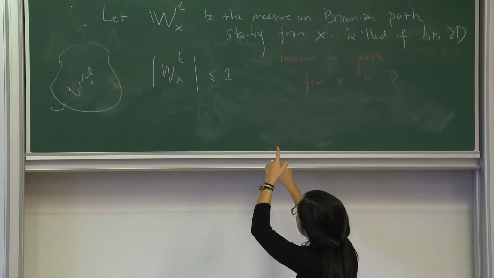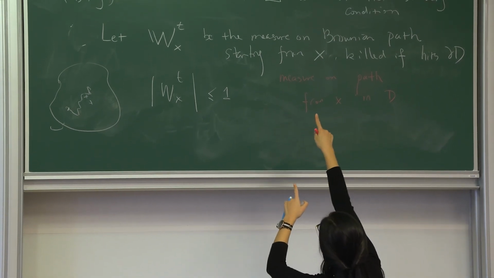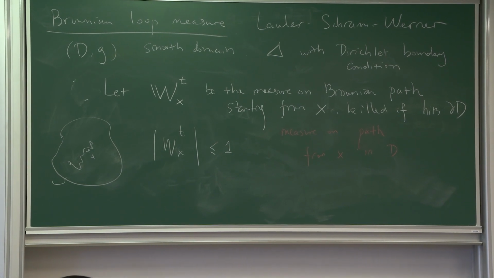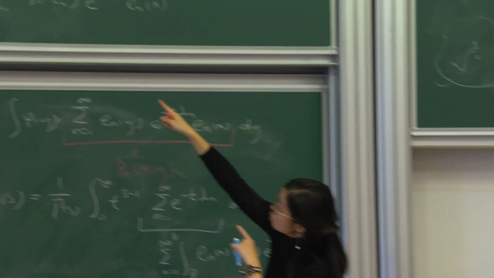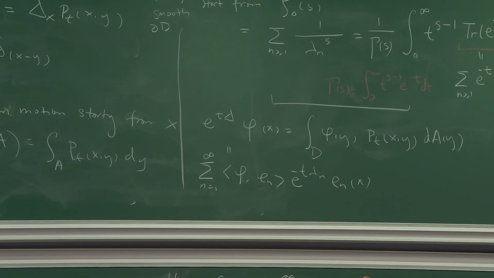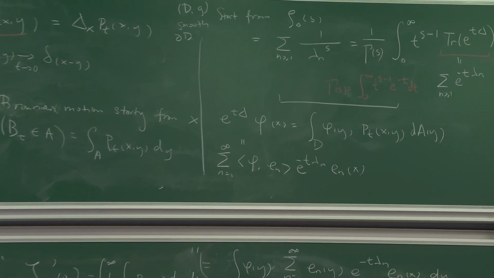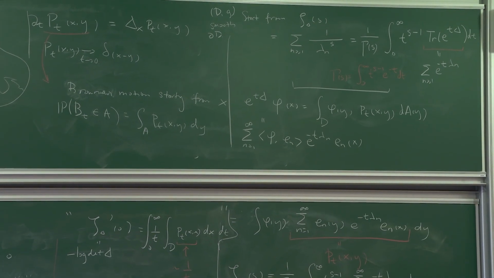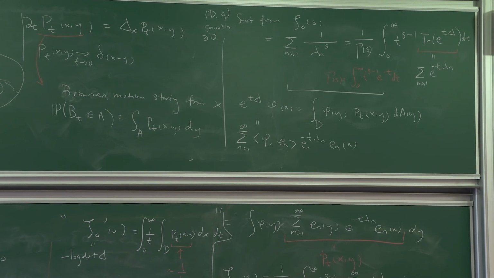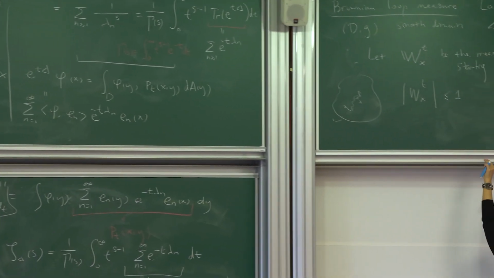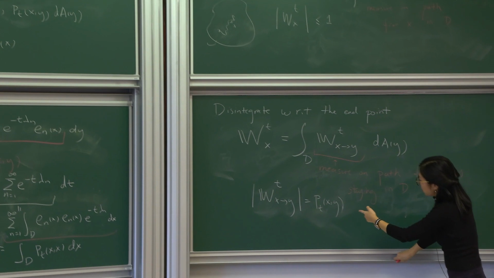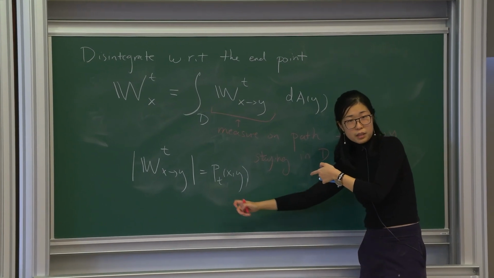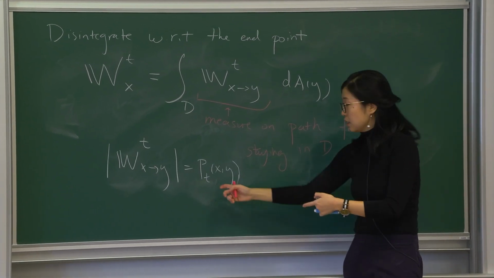Here, this killing is relevant to this Dirichlet boundary condition. In fact, what I've hidden a little bit in the story is that when you take the fundamental solution of the Laplacian, I'm looking at the solution which vanishes when x and y go to the boundary. And here what we are actually doing is giving this number a measure which has total mass this number, and I'm looking at this random object, which is the path.